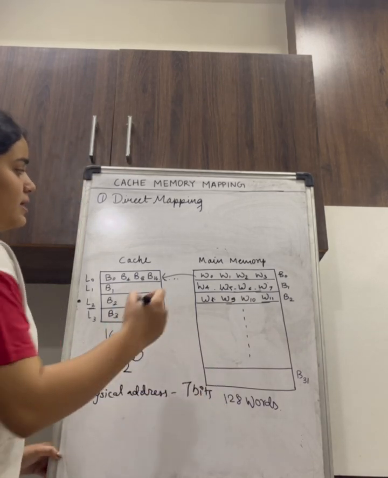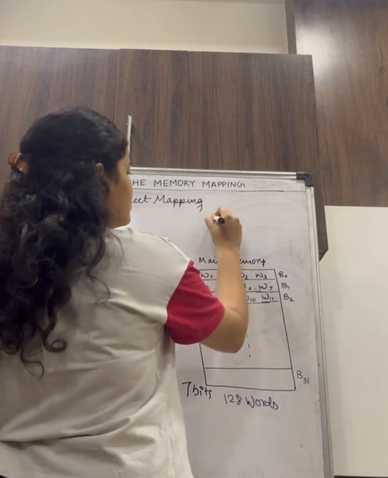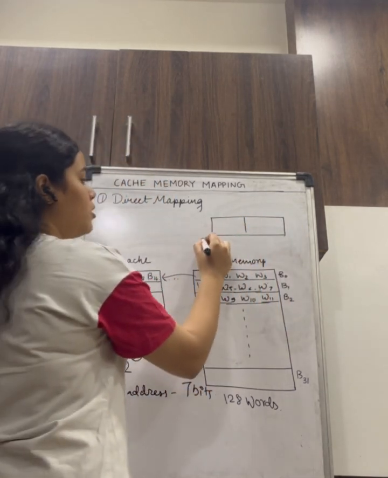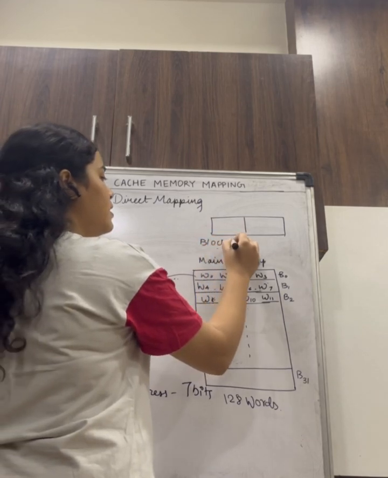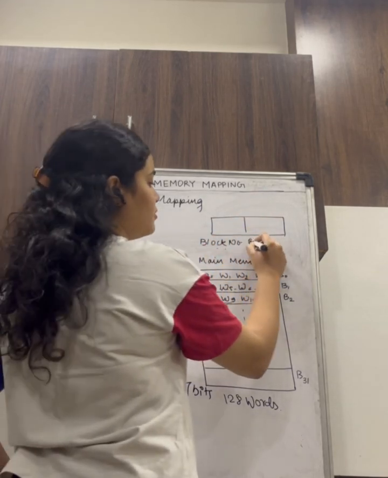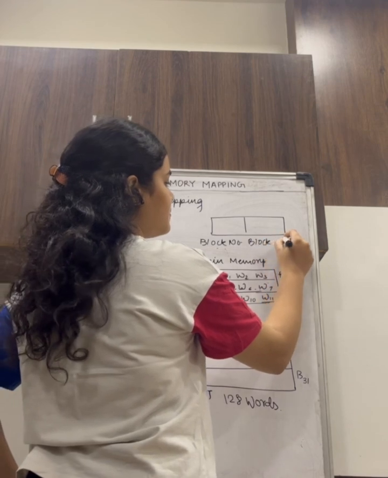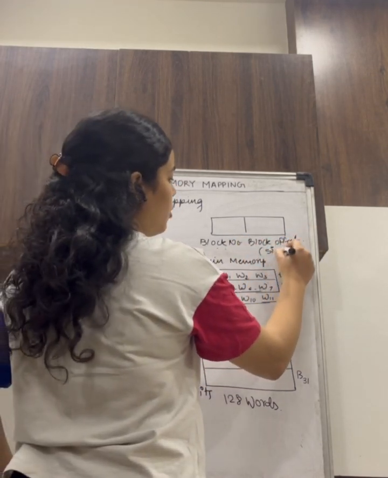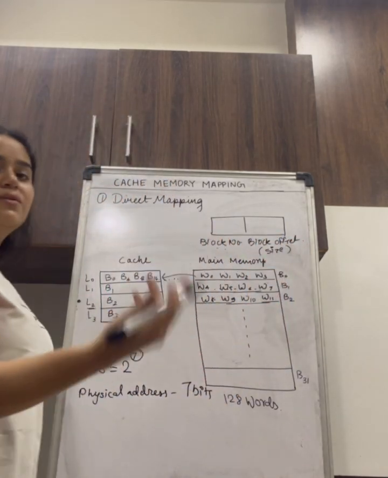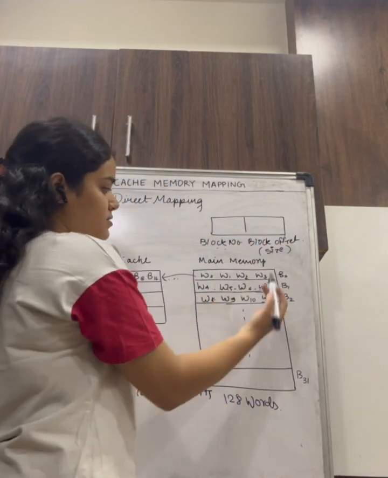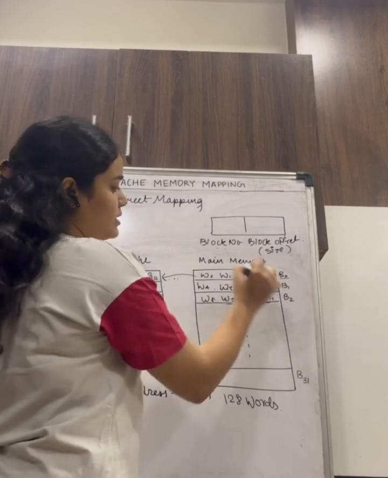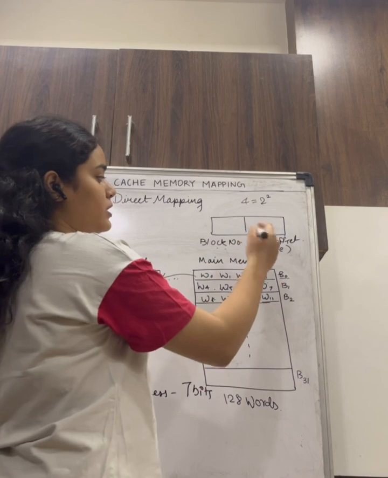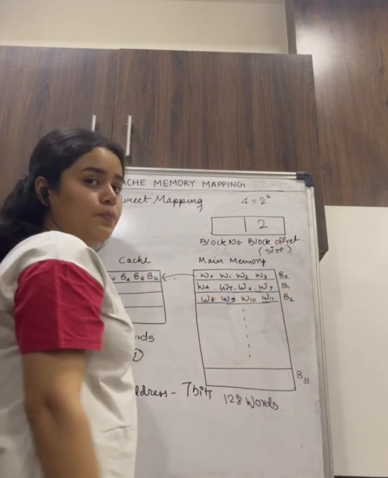These 7 bits are divided into 2 fields. The first field is the block number and the second field is the block offset. Offset represents the size of the block, which means how many words a block can contain. In this example, each block contains 4 words and 4 is represented by 2 to the power 2. So here the block offset is 2 bits.